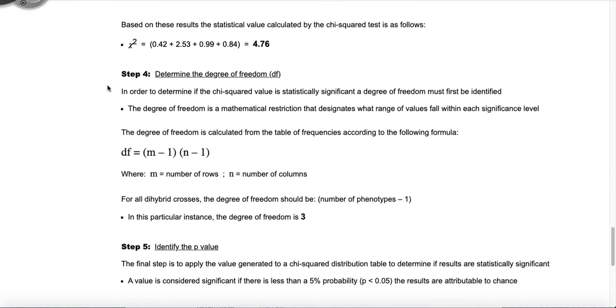Well, I have to determine my degrees of freedom. And let's read here quickly what that is. In order to determine if the chi-square value is statistically significant, a degree of freedom must be first identified. The degree of freedom is a mathematical restriction that designates what range of values fall within each significant level. And this is the formula. Okay?